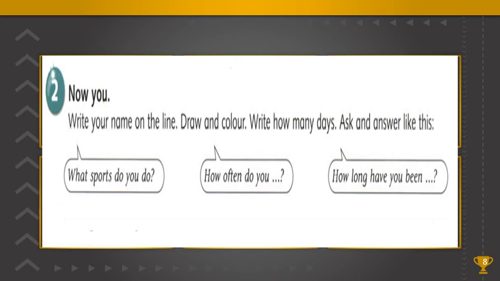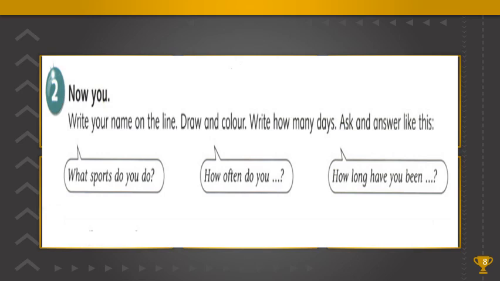Let us now continue on activity 2. After writing your name on the line, draw and color. Write how many days by asking and answering like this. What sports do you do? So you choose the sports that you play.